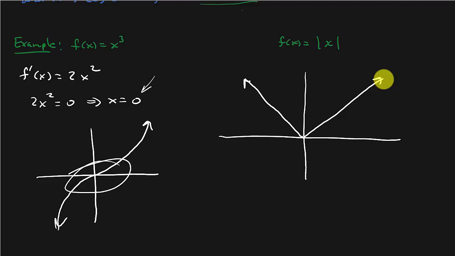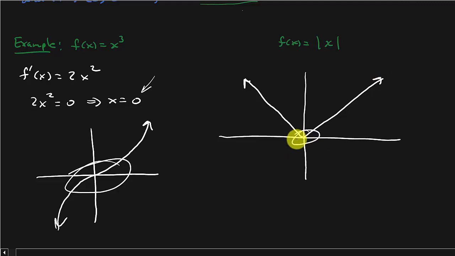That's the graph of our absolute value function. So what about this one? This point right here is actually an absolute and local minimum value, right?